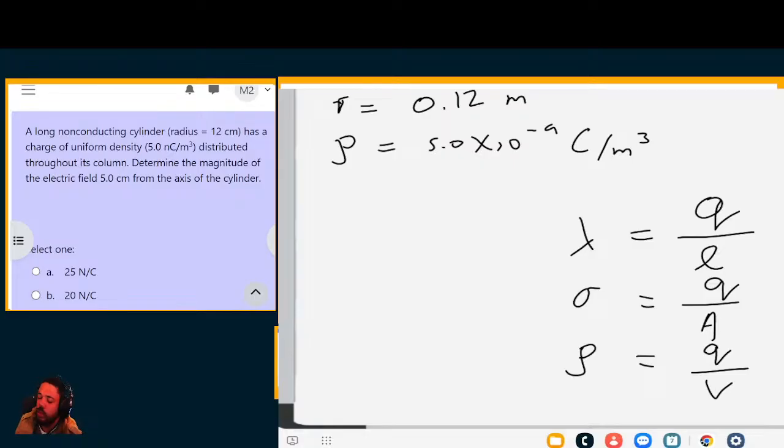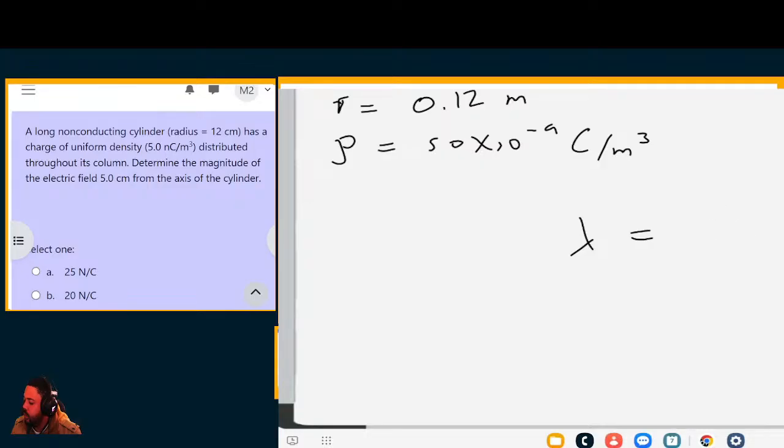Okay, that is how we denote them: lambda, sigma, and rho. The formula we just used in the previous problem only works for sheets, two-dimensional. It doesn't have to be a sheet, it has to be two-dimensional, which is a sheet.